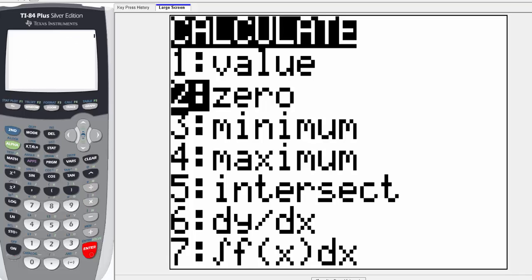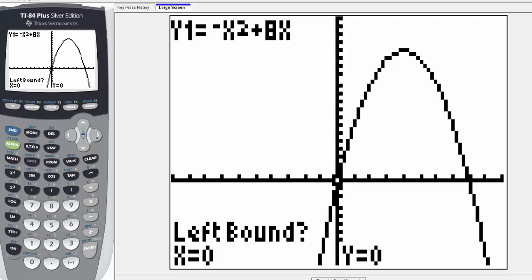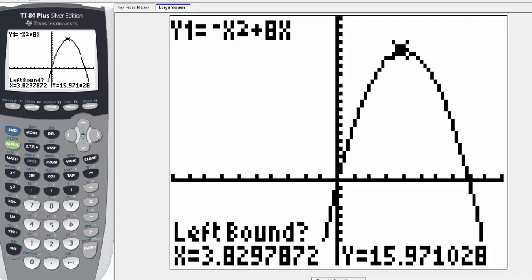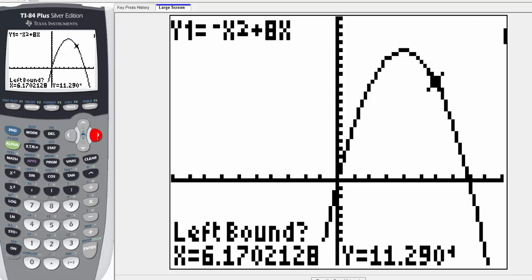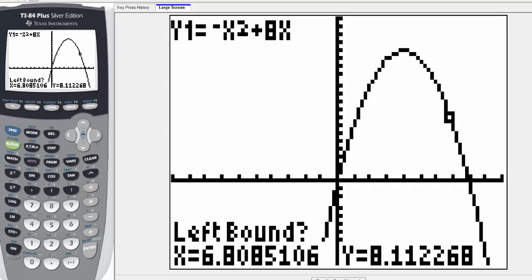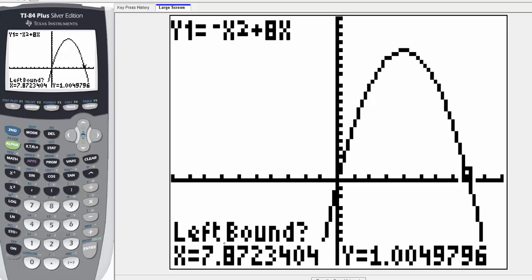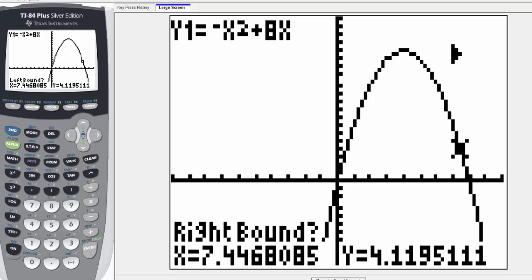I'm going to number 2, pressing enter, and then I need to move my cursor over as close to that 0 as I can get. And then I'm going to listen to the directions in my calculator. As I get closer to my 0, I'm noticing that it says left bound, so I'm going to the left, pressing enter.